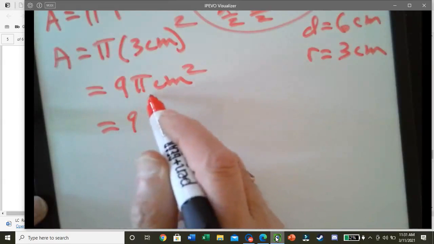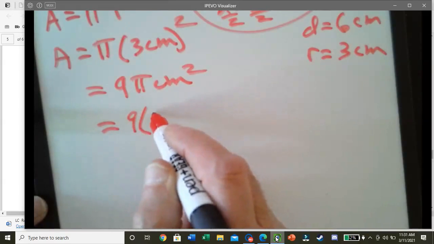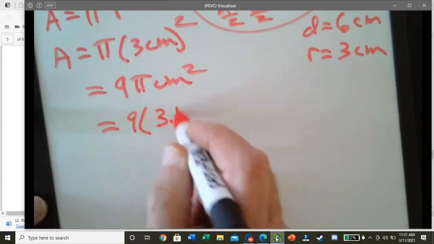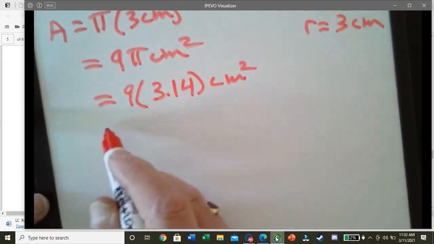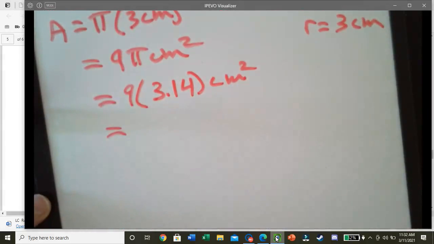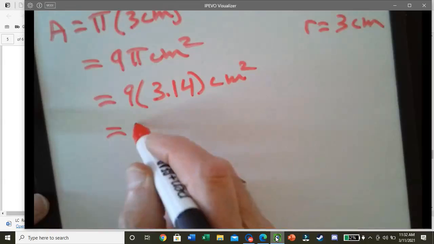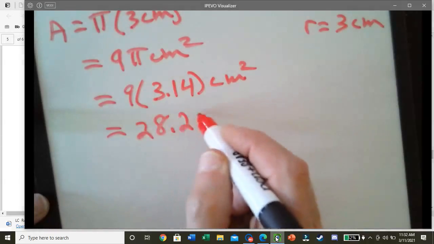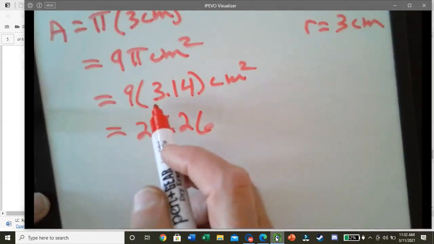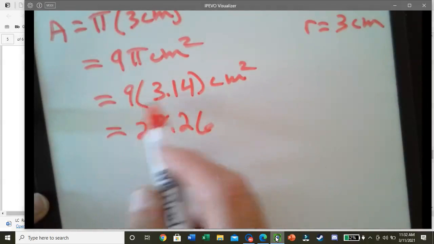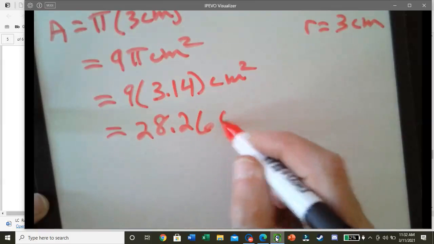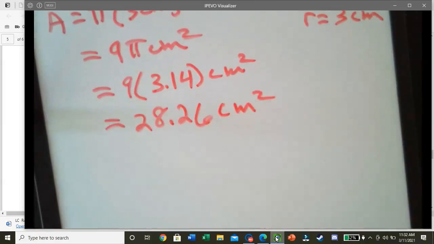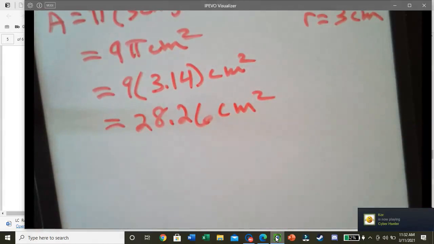Pi as a decimal is rounded off to what? 3.14 centimeters squared. And so we end up with 28.26. Well, 9 times 3, and you can check by 9 times 3 is 27. Since it's a little bit more, it's going to be a little bit more than 27, so that looks good. Questions there?